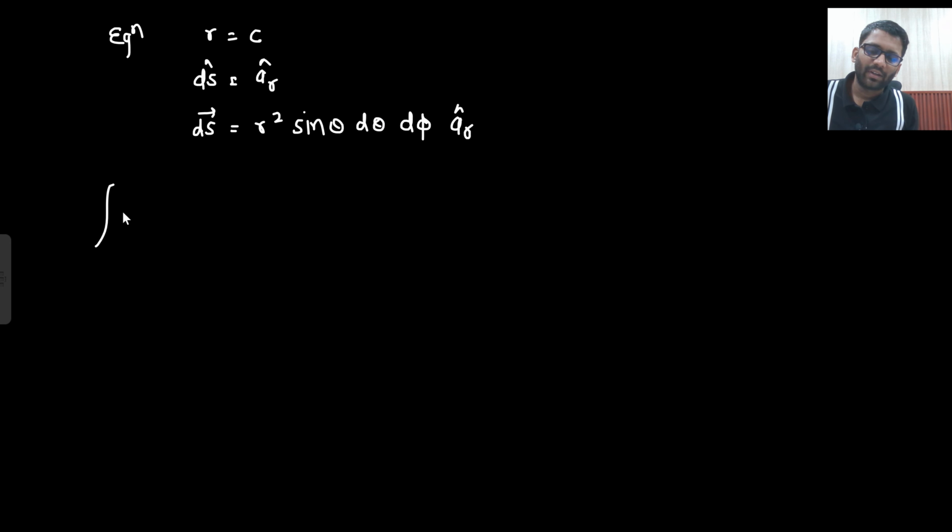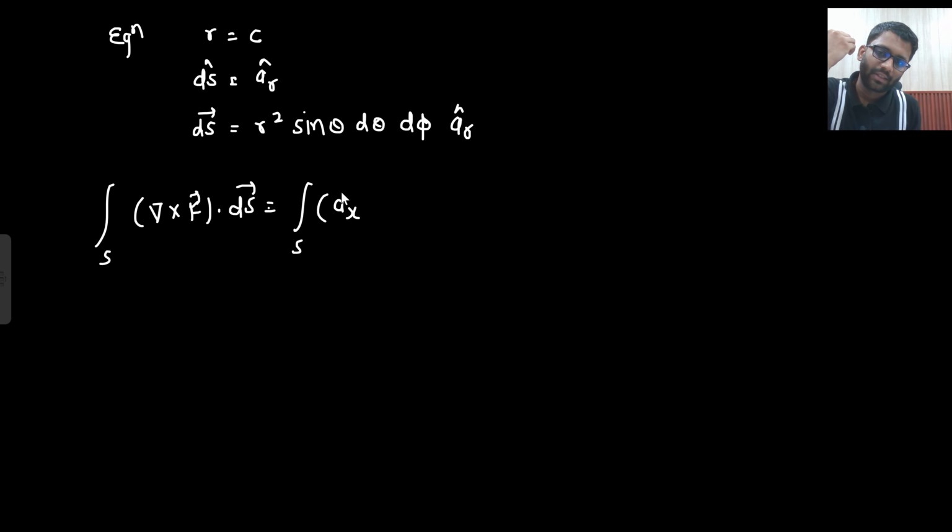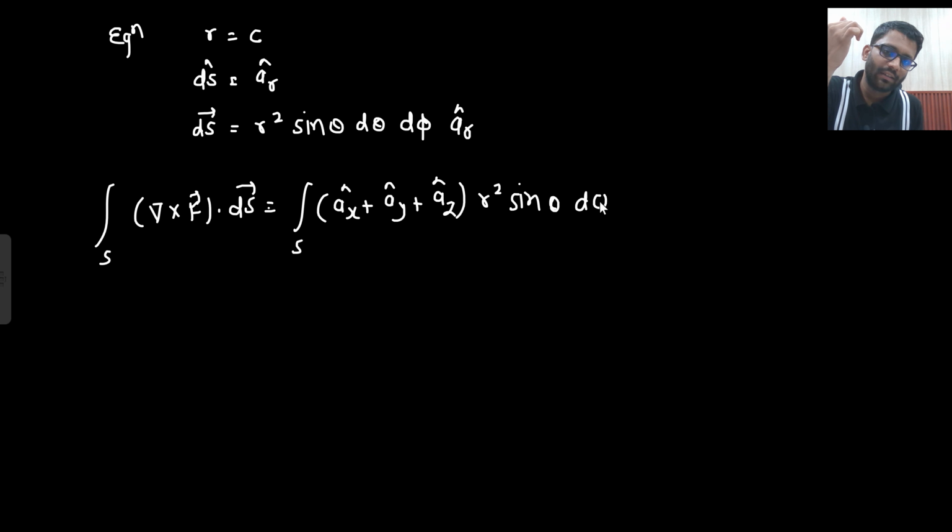Now what do I need to calculate? Double integration is there, no? One integration they have put, they can put double as well. So del cross F dot dS: Ax cap plus Ay cap plus Az cap into R square sin theta d theta d phi AR cap. This is what you are getting.